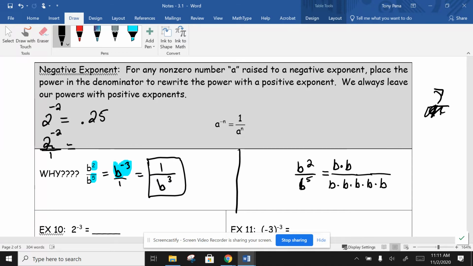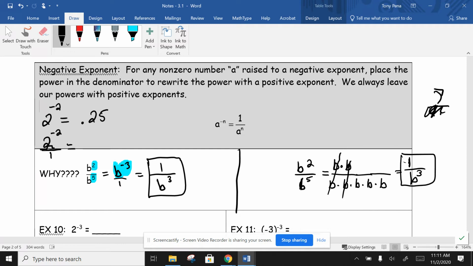Anything divided by itself is 1. It would just cancel itself out. So these b's cancel each other out. These b's cancel each other out. Doesn't that leave us with just b cubed in our denominator? And the only thing left over on top is a 1. This is the exact same answer that we got using those other rules.